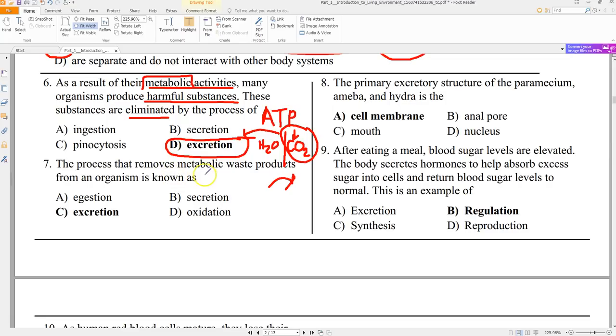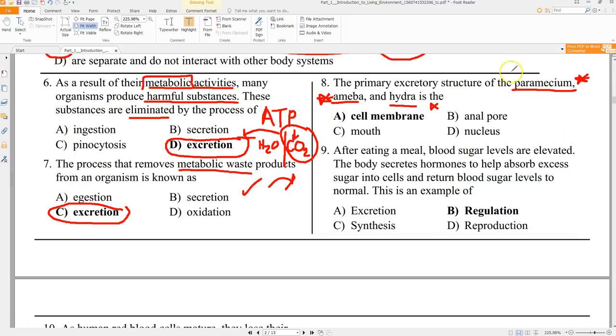The process that removes metabolic waste products, you already know, is excretion. The question is about the primary excretory structure of a paramecium. Do you know what a paramecium is? Or an amoeba? Or a hydra? These are little organisms that you should know.